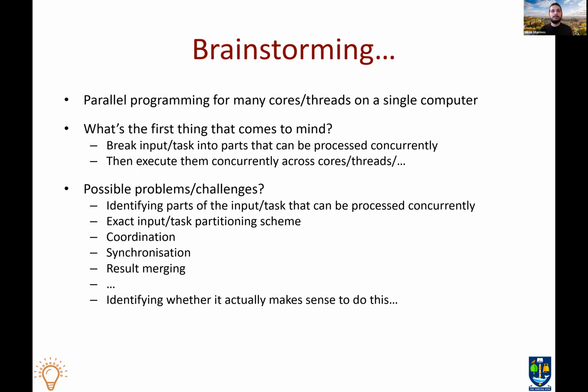Okay. Now, what are the problems and the challenges here? First of all, we need to identify the parts of the input or the task that can be processed concurrently. And this is not always easy, as we will see in a few seconds. So the exact partitioning scheme is quite important, because the way we split the tasks to workers also dictates to a big extent the time it will take the workers to process their task.